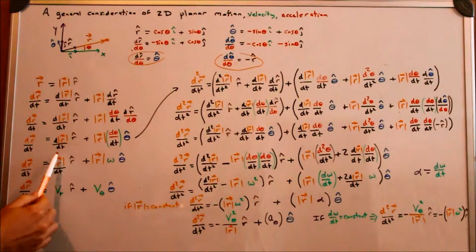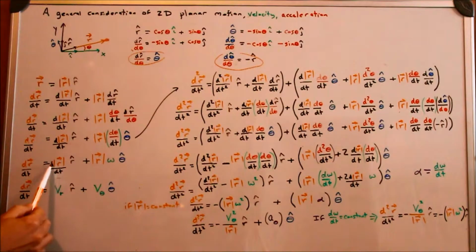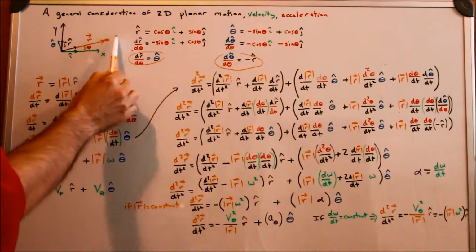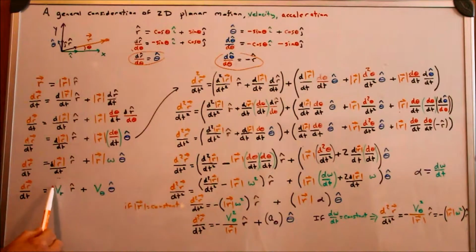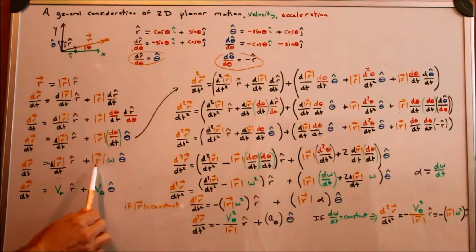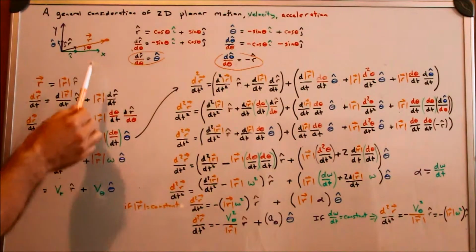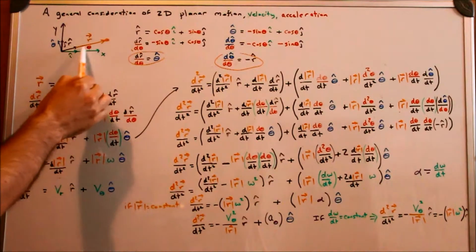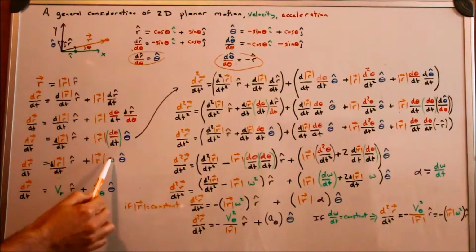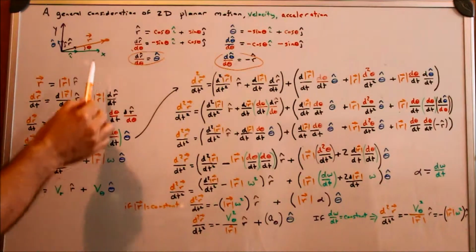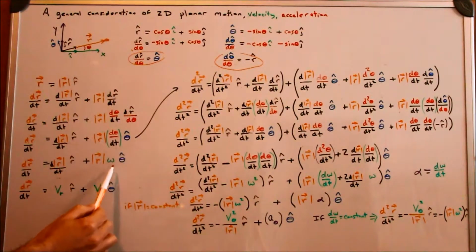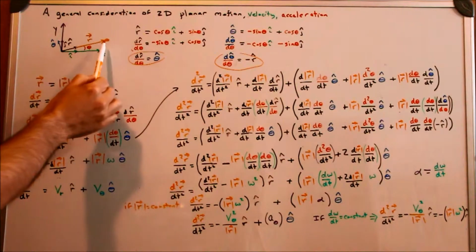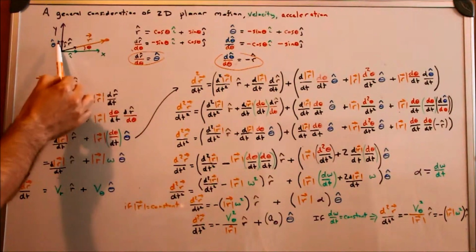And again, we can see here that dr magnitude dt, that's velocity in the r direction, and r omega, so moving this way, its length at that moment in time and the radians per second, well, that's my velocity perpendicular to r, which is in the theta hat direction.